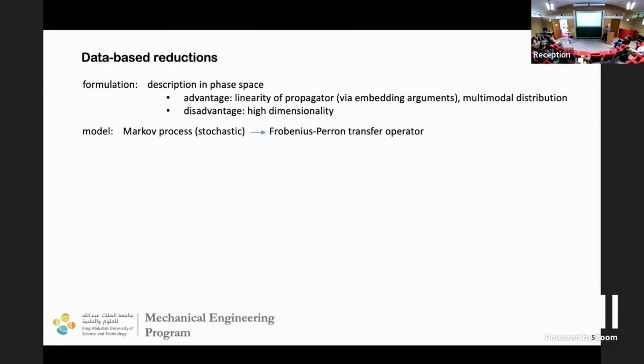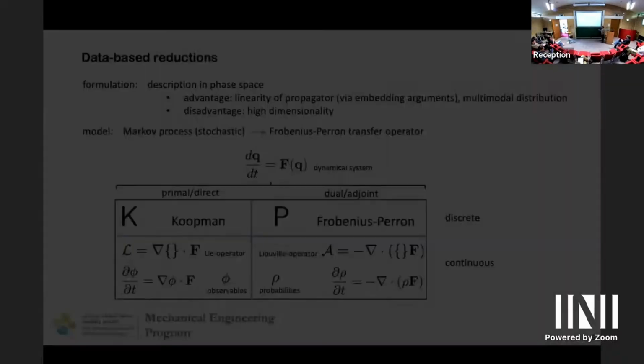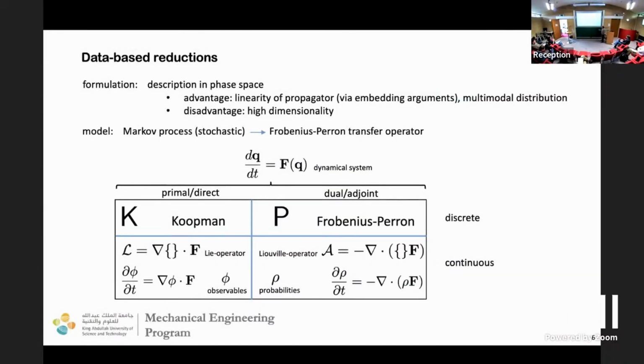So just to give a little bit of a map of where we are, this is what we're doing. Here we have our dynamical system, and we can distinguish between a primal way of doing things and a dual way of doing things, the direct one and the adjoint one. If we go discrete, which means just snapshots of our data, that's more or less what we do.